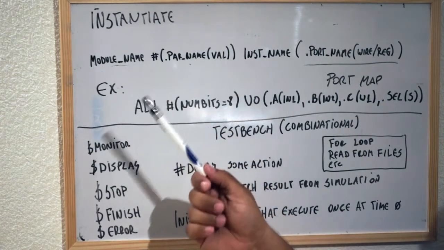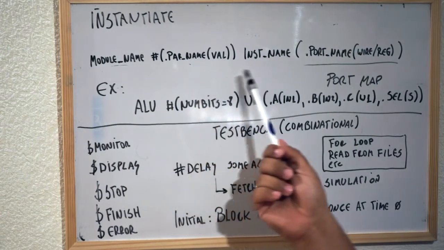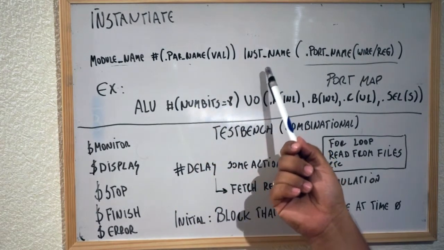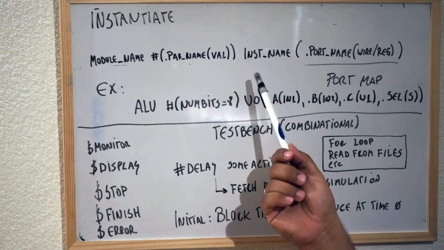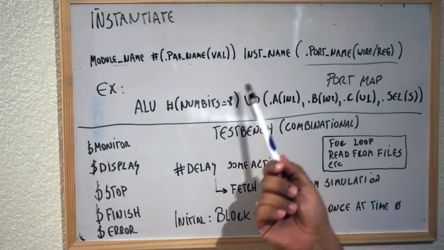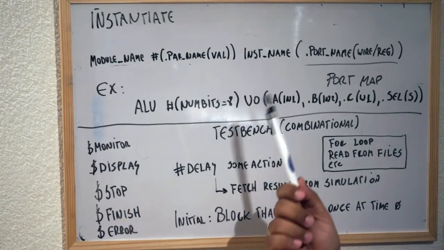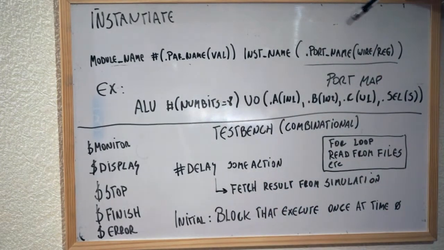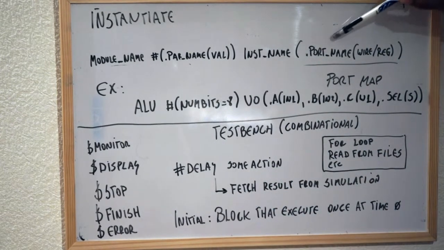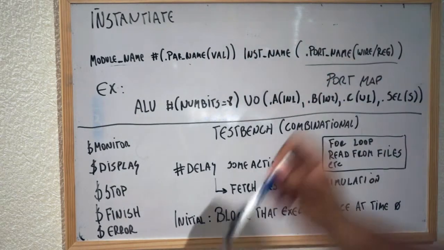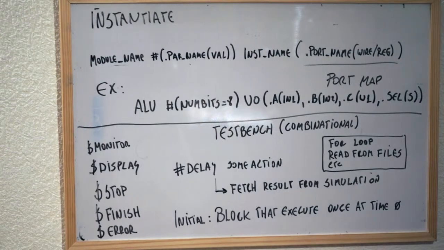Your circuit may or may not have parameters. The instance name is just the name that you're going to give to your circuit after it is instantiated, so it can be anything like U0, ABC, anything at all. And here is where you connect the ports of your module with some wires or regs inside of your test bench, or your other circuit that you are creating.